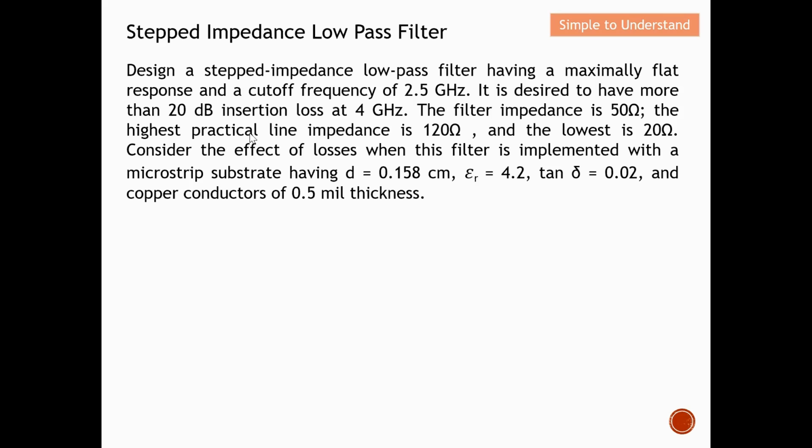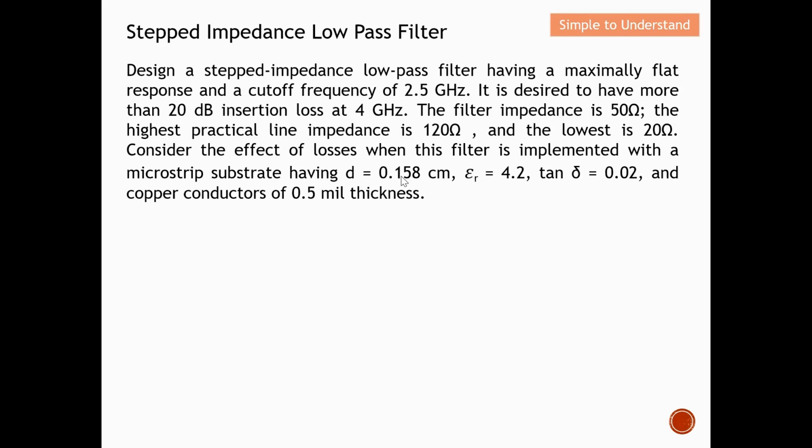We are also tasked to consider the effect of loss when this filter is implemented with a microstrip substrate having thickness 0.158, so epsilon r is equal to 4.2, the loss tangent is equal to 0.02, and the conductor thickness is 0.5 mu.